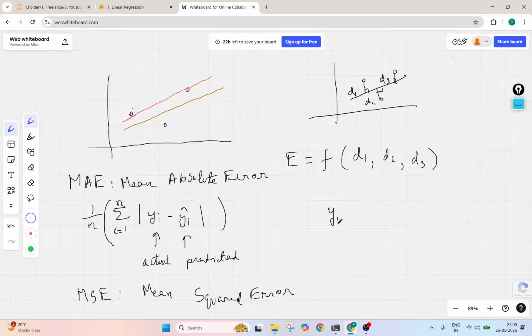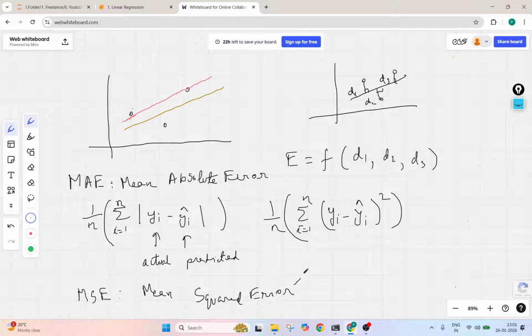The same thing, yi minus y predicted, that is actual minus predicted value, but we take the square of it. Again, i equals 1 to n, multiplied by 1 by n. So instead of finding the absolute difference, we find the square of the difference. This is what we call the mean squared error.